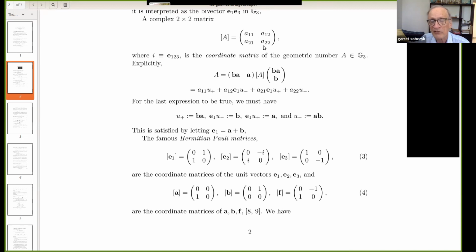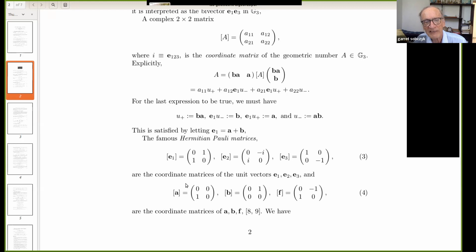So again, if you consider A11, A12, A21, A22 to be real numbers, then we're talking about the algebra G11. So it's just a different interpretation of what a matrix means. This is the coordinate matrix in the geometric algebra G3.